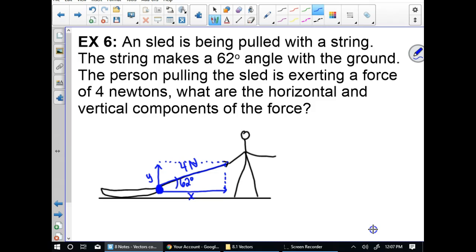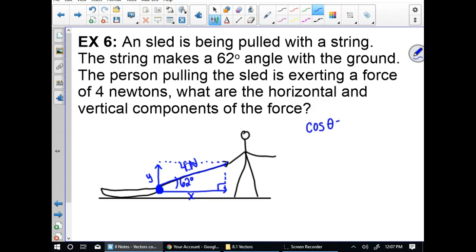In this case, if we're looking for X, this is a right triangle, and to look for X we have the adjacent side and the hypotenuse. For adjacent and hypotenuse, we use cosine, right?